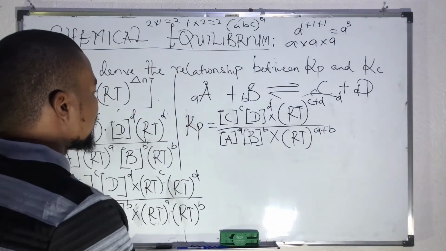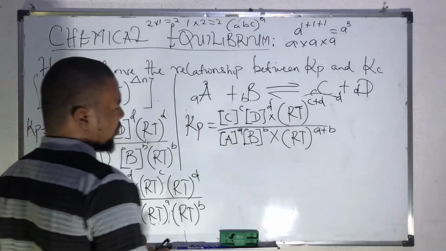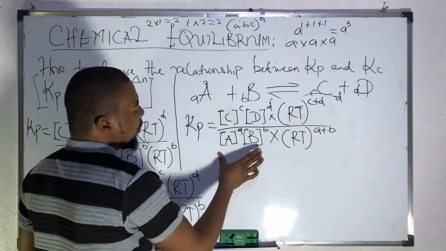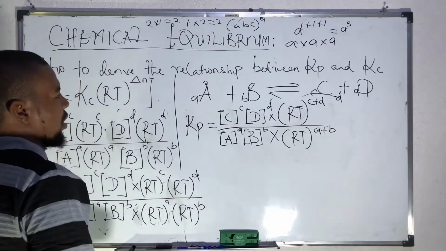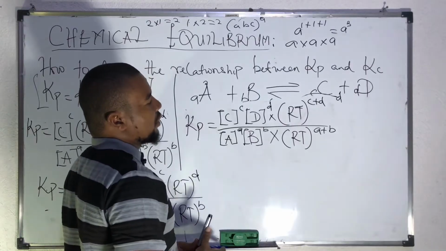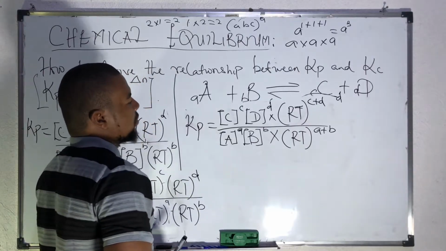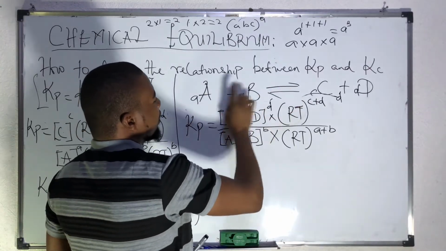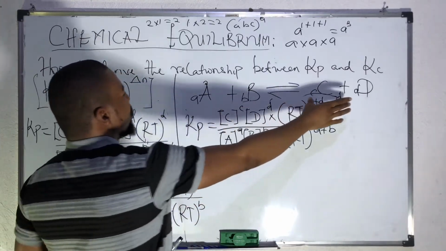Okay. Now at this point, what's the next thing to do? This is simply our equilibrium constant expression. If you are familiar with this concept, how do we write the equilibrium constant expression for A plus B reacting together to give C and D?